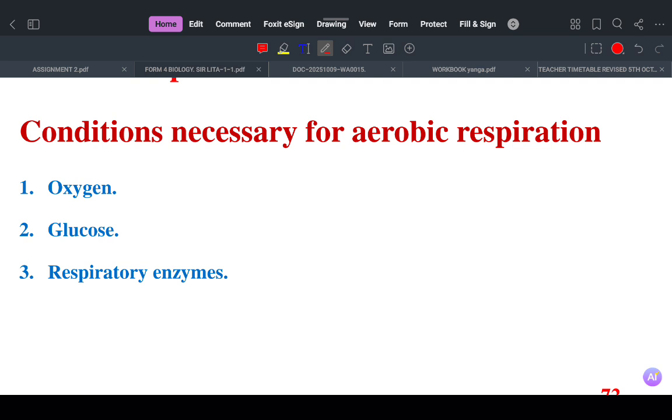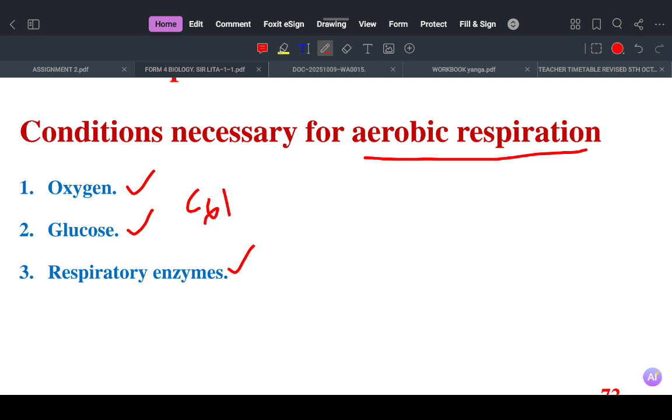Alright, so for aerobic respiration to take place, there must be some conditions available. We just mentioned that aerobic respiration requires oxygen. It also requires glucose and the enzymes. Alright, so we just said that glucose is needed as a substrate, as a reactant.